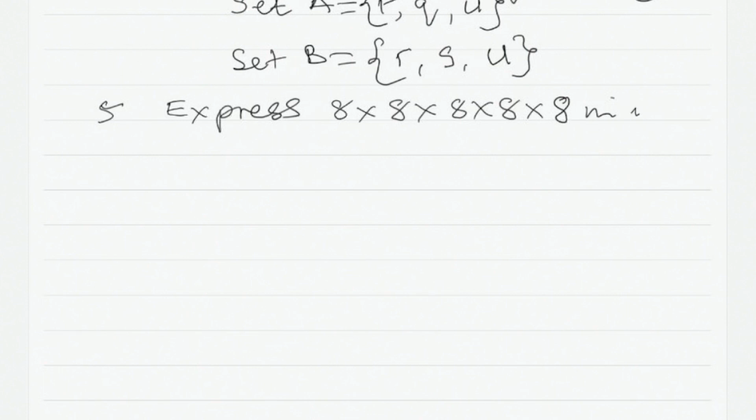In other words, they are trying to say, can you write 8 times 8 times 8 times 8 times 8 in a shortest form? What we have to do is look at the number of times in which 8 appears. So we have seen that it appears 5 times.